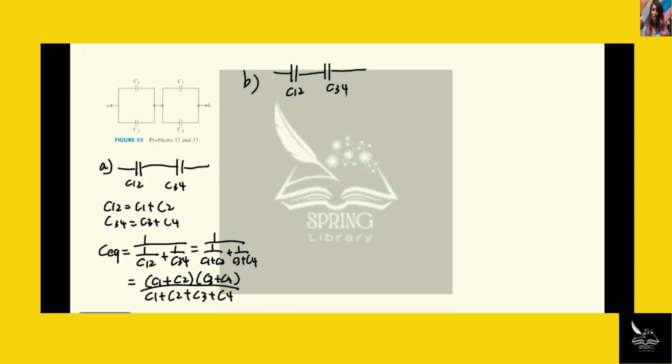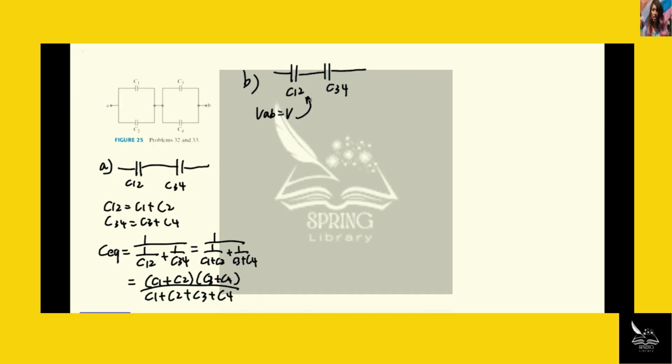And in order to find that, if we already know that the voltage over A and B is V, we need to figure out how V is distributed onto C12 and C34. So let's figure out the relationship between C12 and C34.